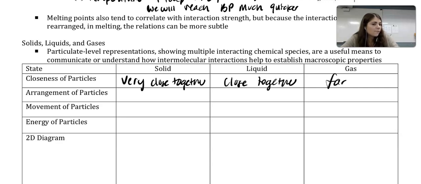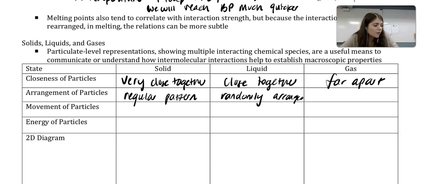And gases are far apart. When it comes to the arrangement of the particles, solids have a regular pattern because they're right next to each other. Liquids are randomly arranged because they're not necessarily in a pattern, as well as gases.